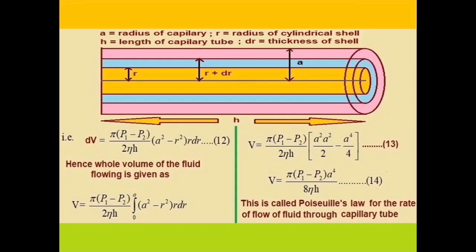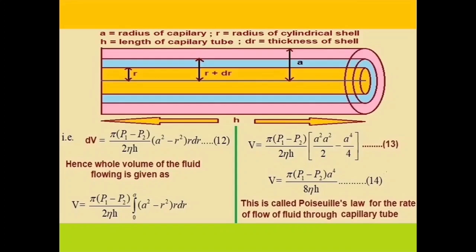Hence the whole volume of the fluid flowing through the capillary tube is given as capital V is equal to pi into (P1 minus P2) divided by 2 eta h into integration from 0 to a, the limit from 0 to a, of (a square minus r square) into r dr. Capital V, that is volume, is equal to pi into (P1 minus P2) divided by 2 eta h into (a square into a square divided by 2 minus a raised to 4 divided by 4).